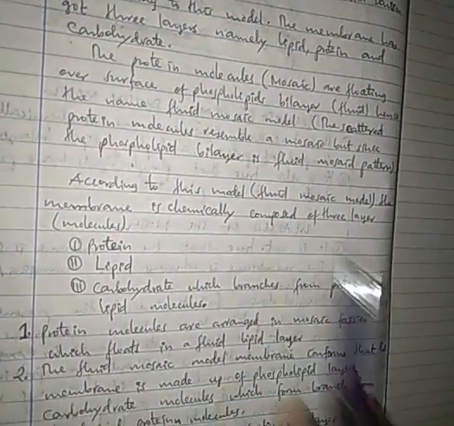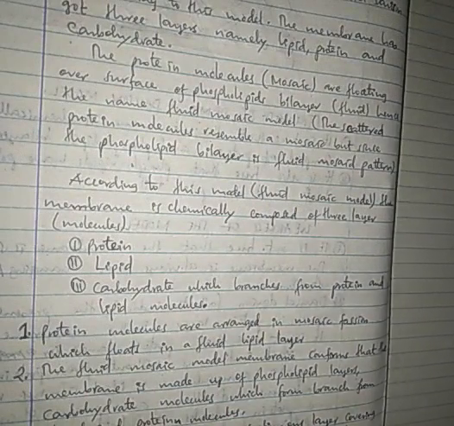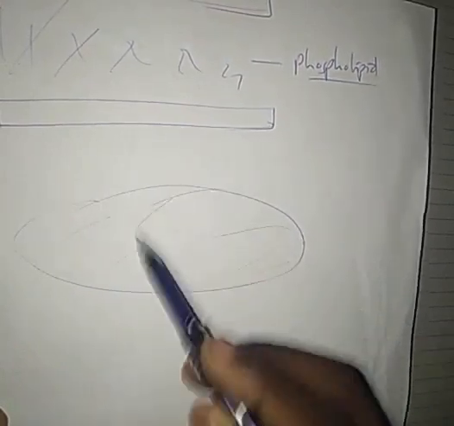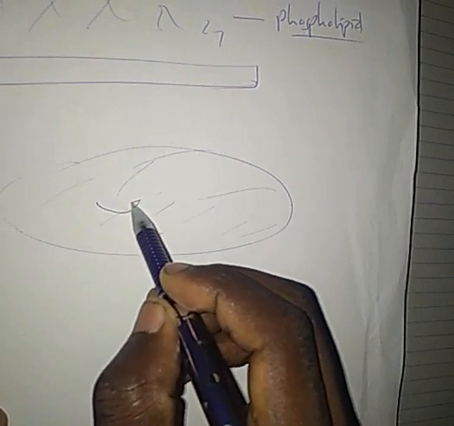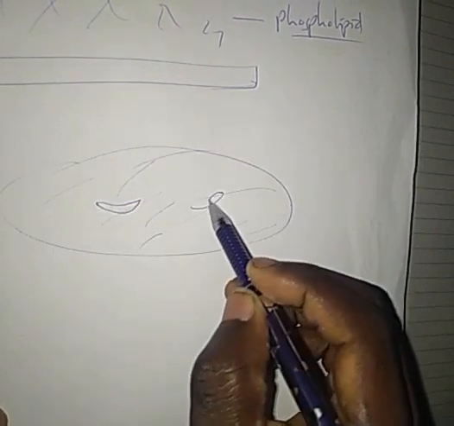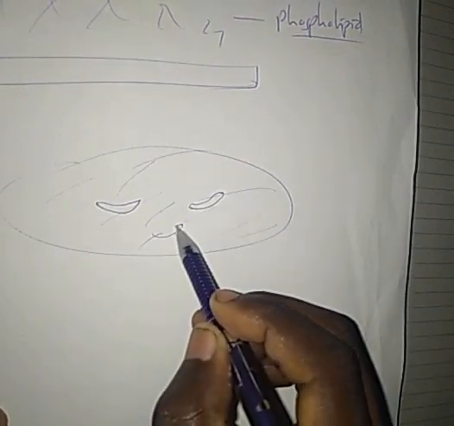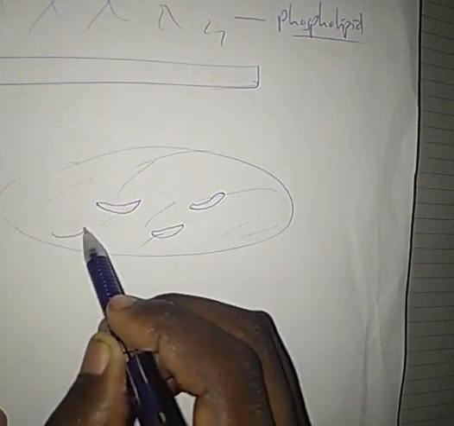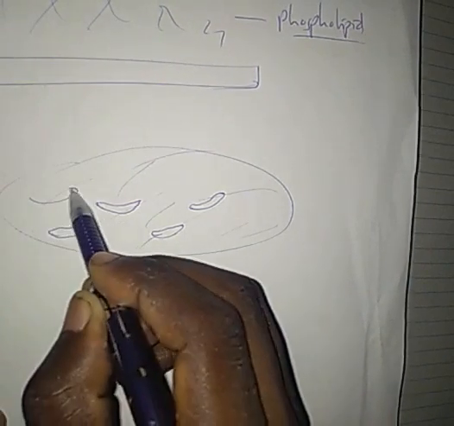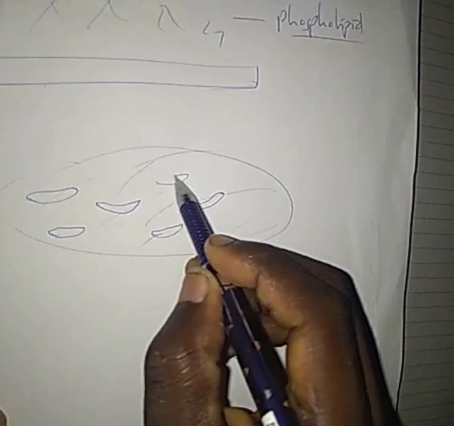If you can't understand this, assume that you have a sea with water. Then in this sea, there are boats. These boats are just moving around in the sea.